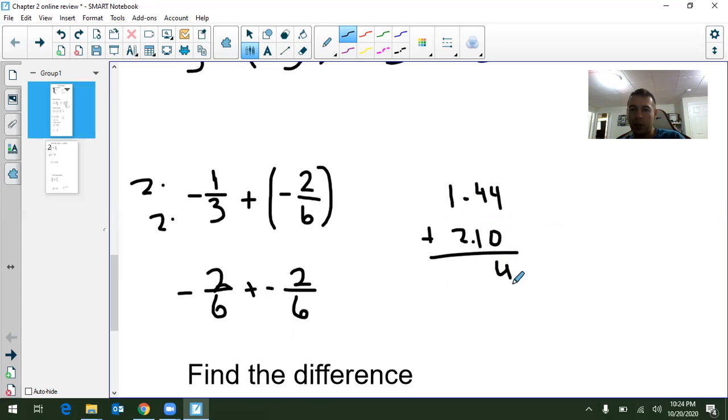So this would be 4, this would be 5, and this would be 3. Just remember to pay attention though if one's a negative or not, and which sign is going to hold.